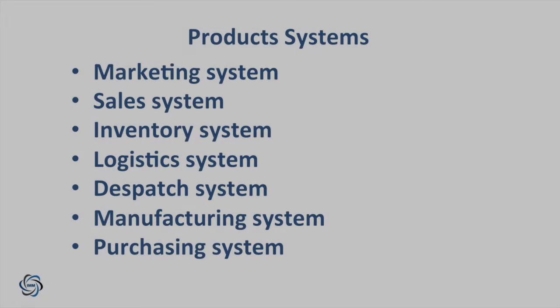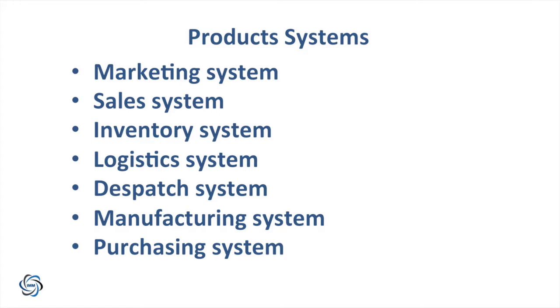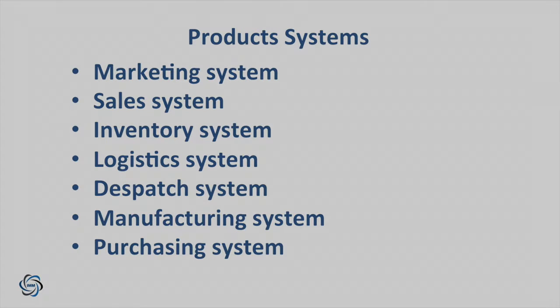For example, you're going to have the marketing system with its concept of product, the sales system with retail and wholesale products, an inventory system to manage the stock of the products that are going to be sold by the organization, a logistics system to manage the logistics and the supply chain, or maybe a standalone dispatch system, a manufacturing system which will cover things like bills of materials and component structure, and then a purchasing system to purchase in all of the products, materials, raw materials, or other component products that are going to become part of what's going to be sold.